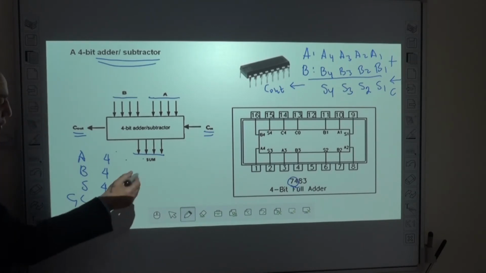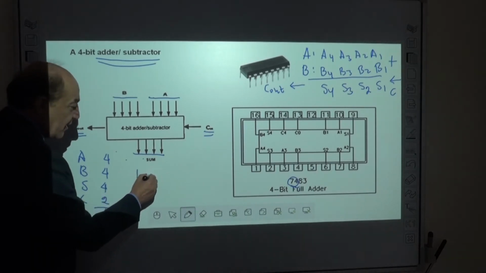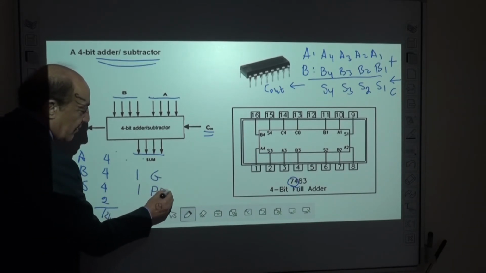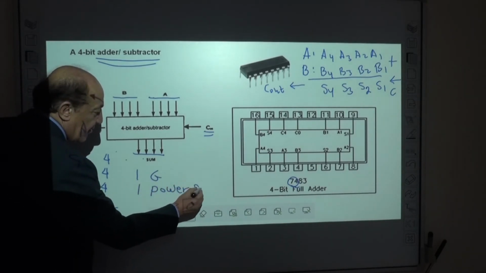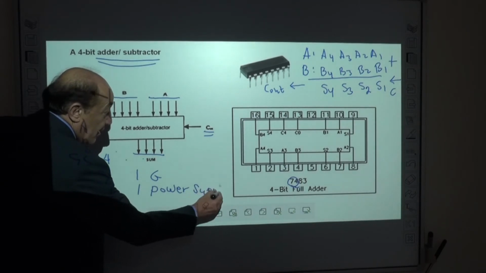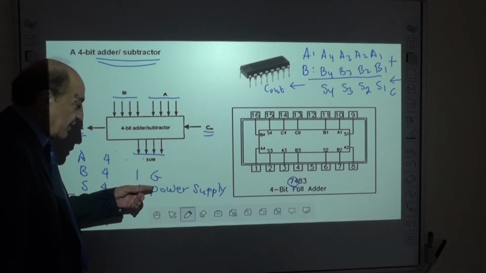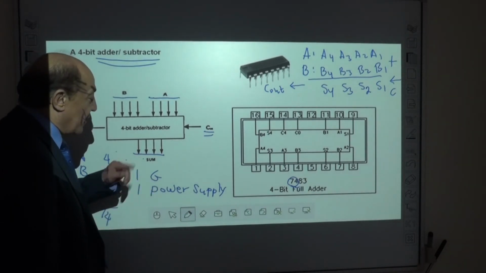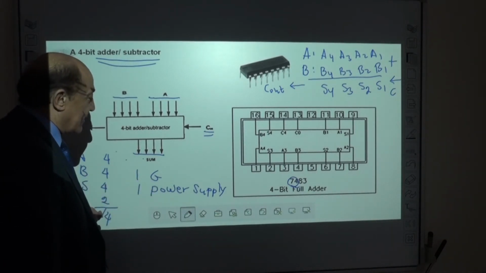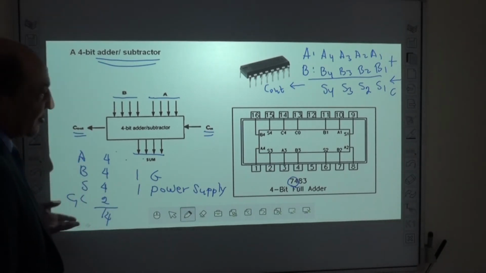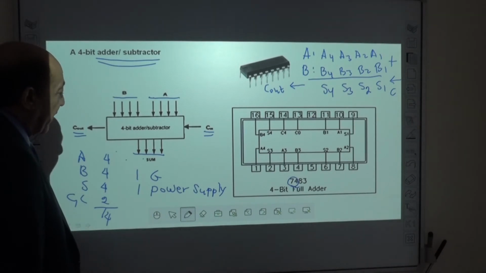We have additional 2 pins, one for ground and one for power supply. Usually this circuit, the external power supply is 7.5 volt and internally it consumes 5.5 volts.